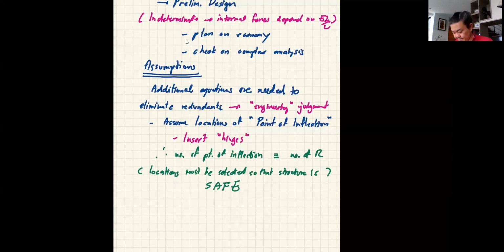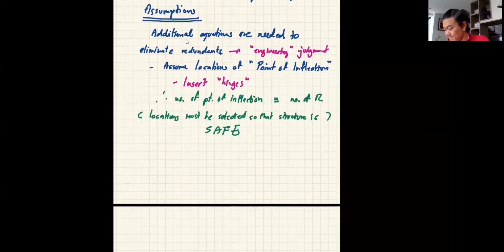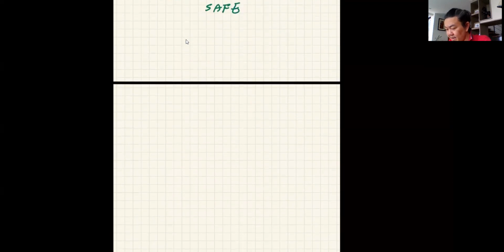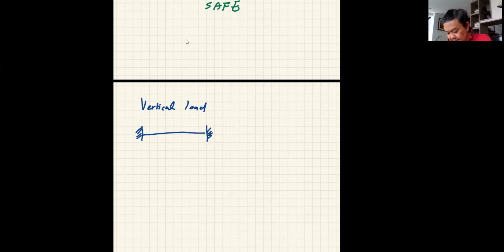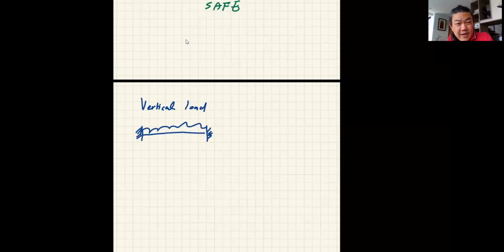Okay, for example, let's say for vertical load, say if you have a beam like this, doesn't matter what your load is. Okay, what is going to be your bending moment diagram? Now you see, for students who still cannot differentiate the hinge and the fix, how can you understand something like this?